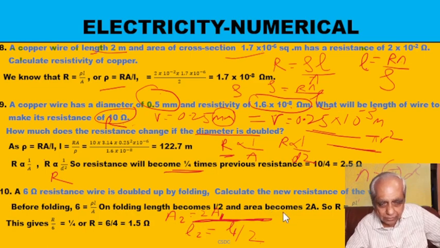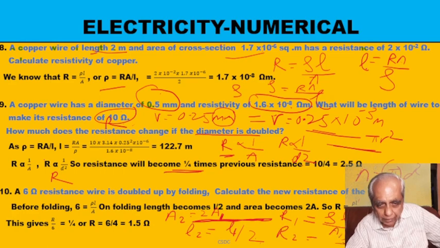So knowing previous things, I can calculate by taking the ratios. Initially my resistance was R1. What is R1? Rho L1 upon A1. And now second, my resistance R2 is equal to rho L2 upon A2.